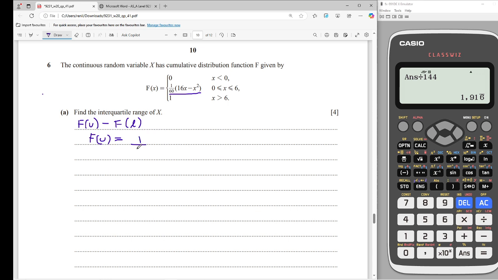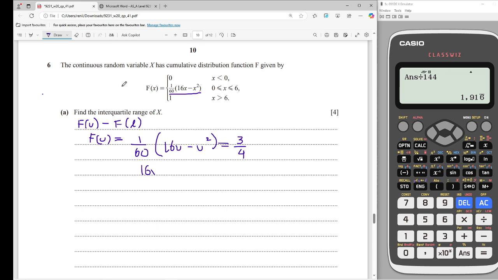So 1 by 60 times 16x minus x squared equals 3 by 4. Now we can multiply 60 on both sides. But before we do this, we have to know that it's not x squared now, it's going to be 16u minus u squared.